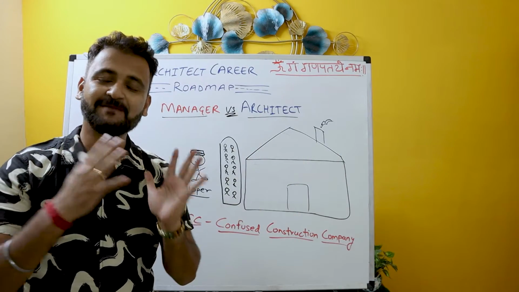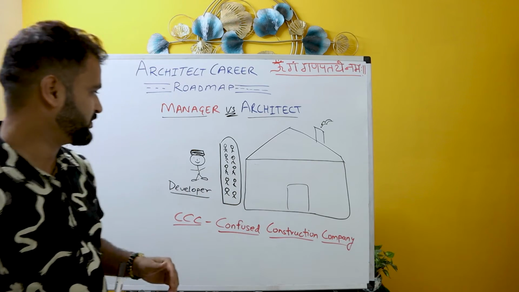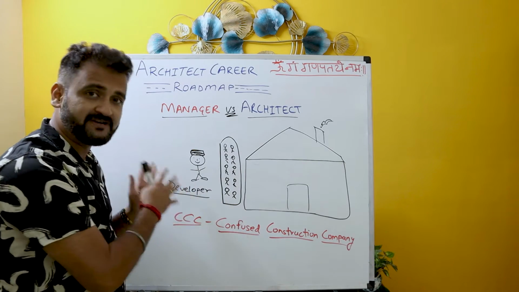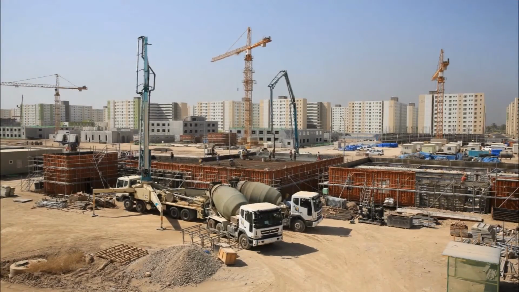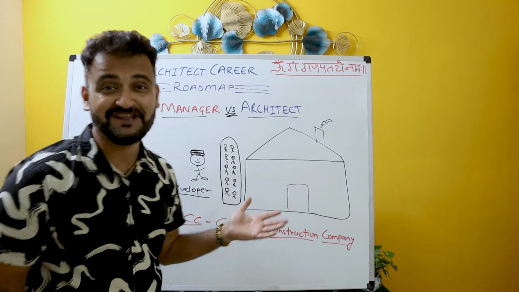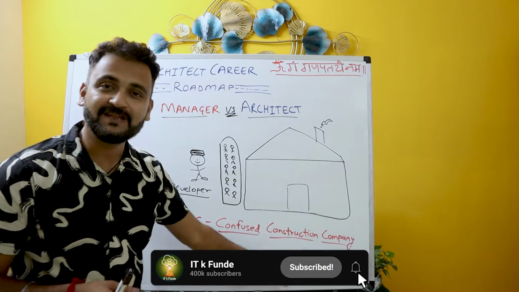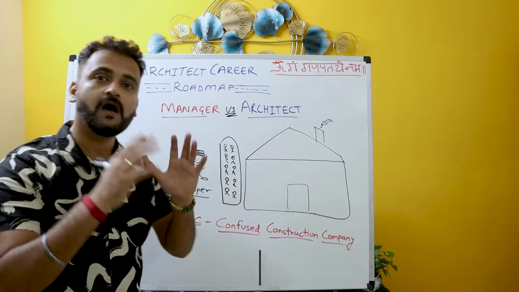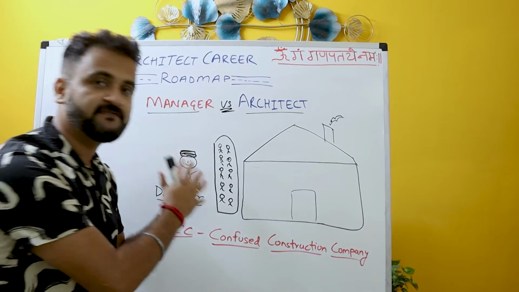So guys, let's break the manager versus architect confusion using a real life example. For example, this particular developer is working for a construction company called CCC, Confused Construction Company, a famous name, I have just made it up. Confused Construction Company is a famous company which makes housing easy and affordable for everyone, and they have a set of 50 developers.